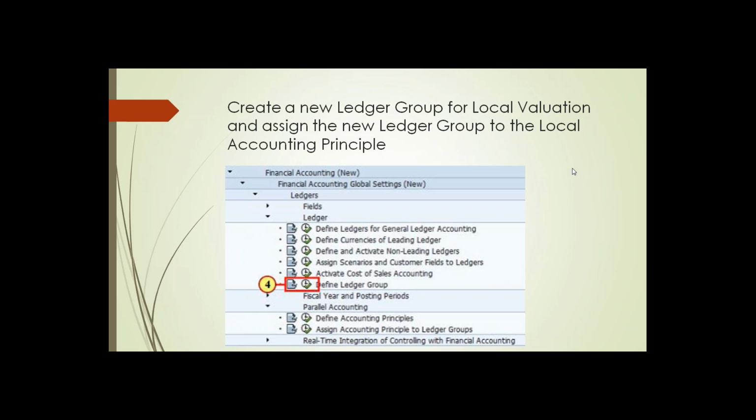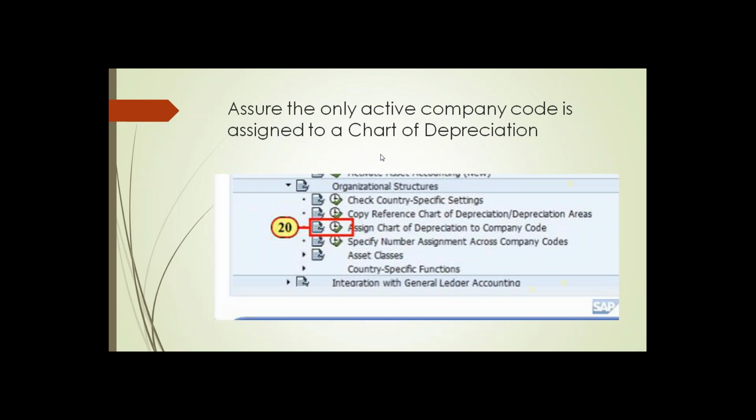Okay. So once you create separate ledger groups, once you are done with the creation of accounting principles, and when you are done with the assignment of ledger groups to accounting principles, and then depreciation areas to accounting principles, you should make sure that only the active company codes, the company codes which are actually working in your company, are assigned to your chart of depreciation.